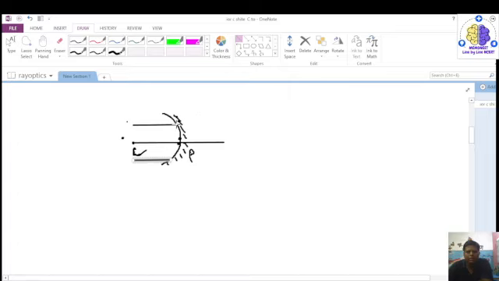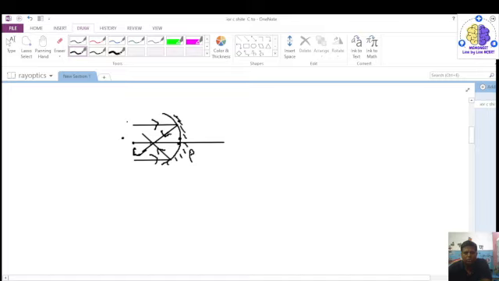They will pass to the same point, right? Because they are parallel to the principal axis. This incident ray after reflection will pass like this. Now this is the incident ray, and again this is the reflected ray.